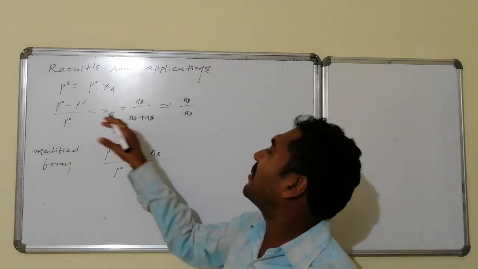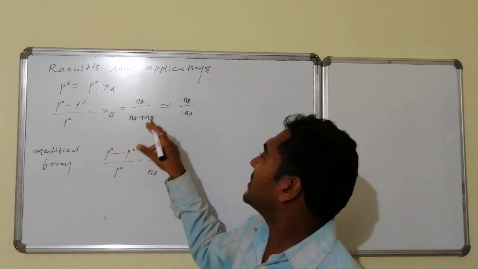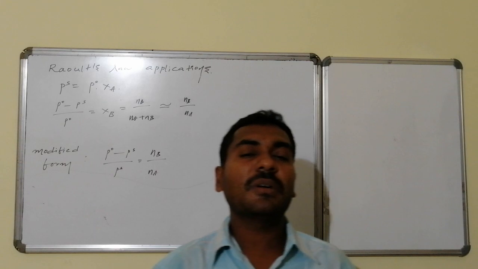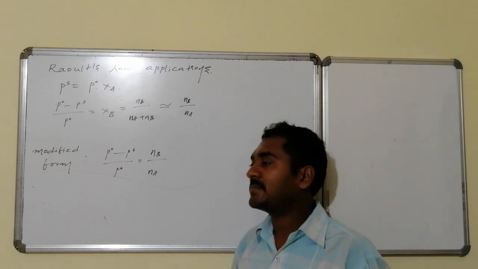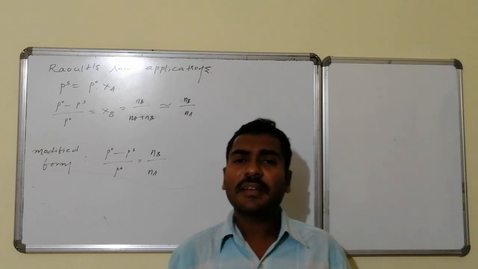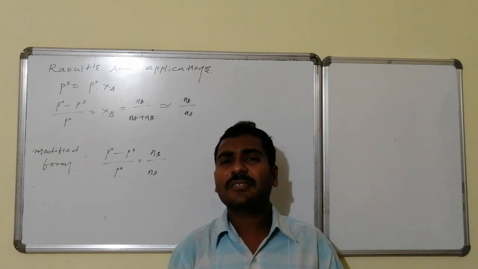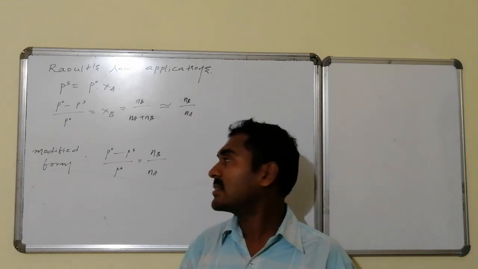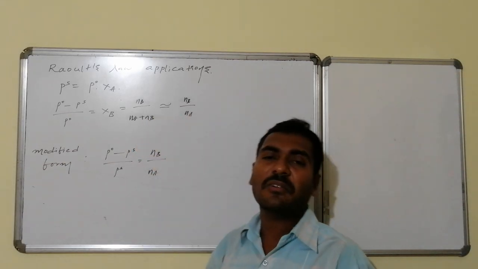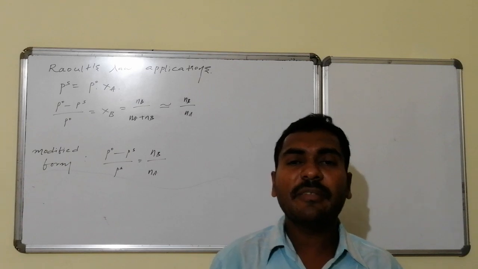Approximately, in case of dilute solutions, since the Nb value is very small, it is approximately equal to Nb divided by Na. But in case of concentrated solutions, this value may be approximately equal, but it is not exactly equal to Nb divided by Na.